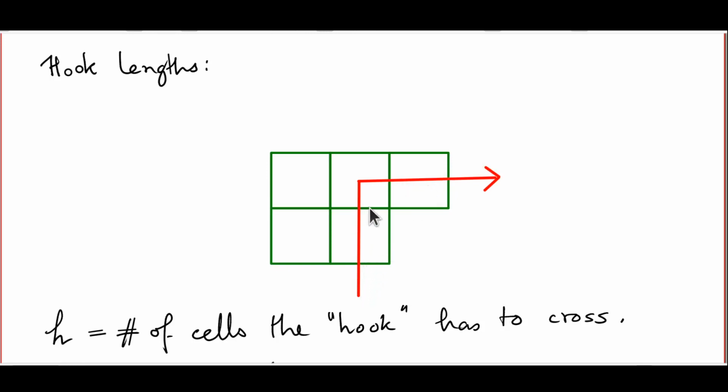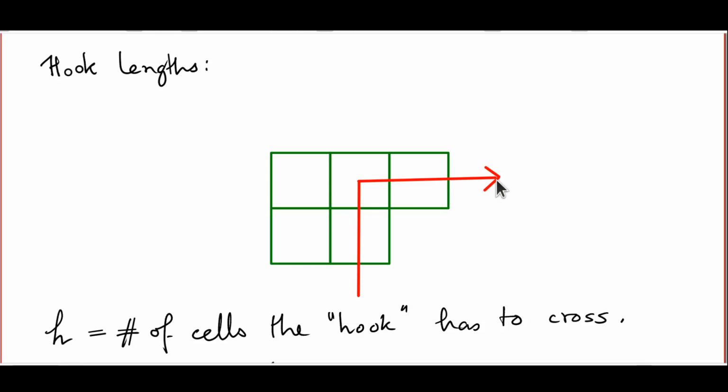The same will happen for this particular cell. You go up, right, hook length 1. For this one, you go up, enter this, turn right. So the number of cells you enter rather than cross, because you are not really crossing this cell, is actually 2. And that's the hook length. Similarly, for this, you go all the way up, 2 cells, 2 more cells to go out, 4 for the hook length here.